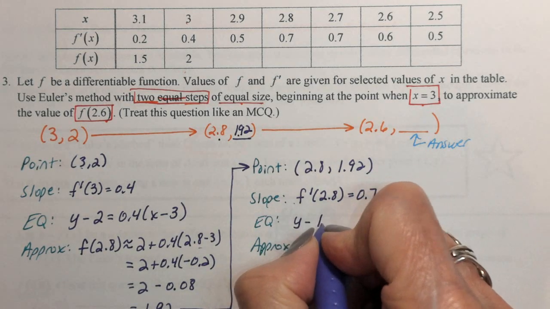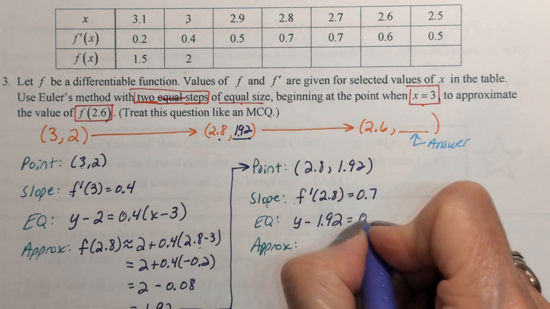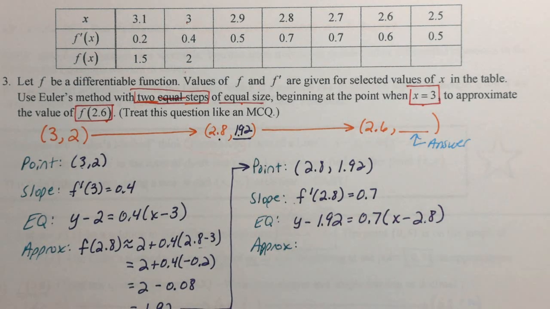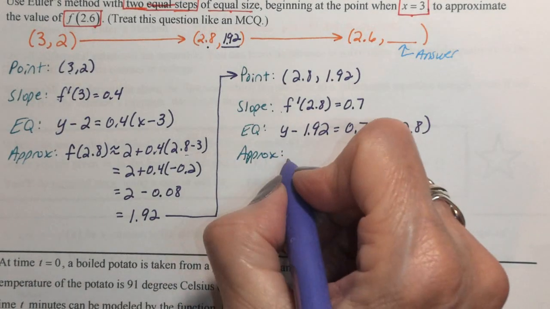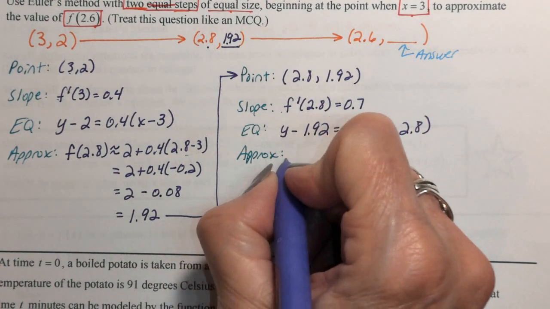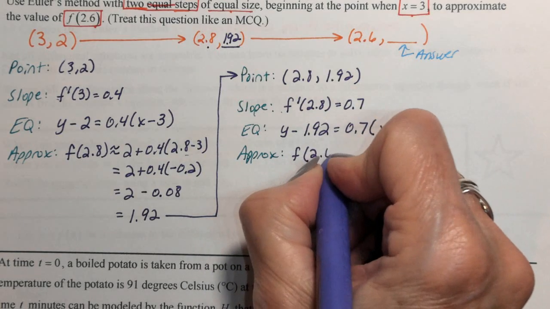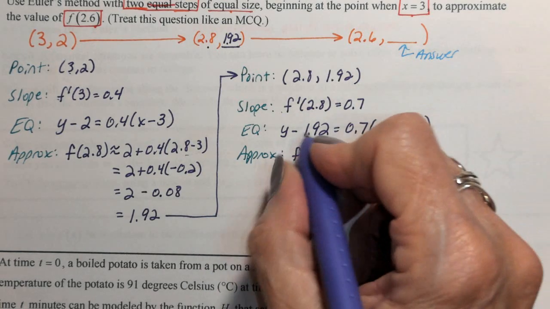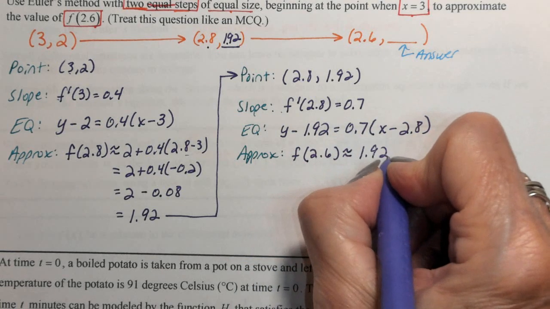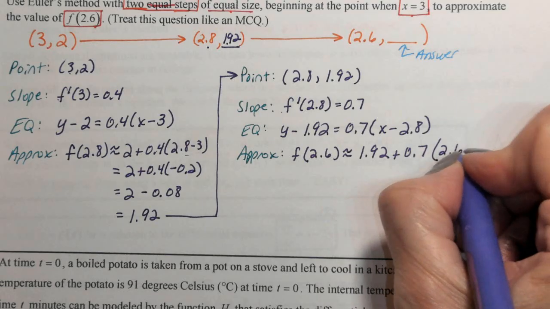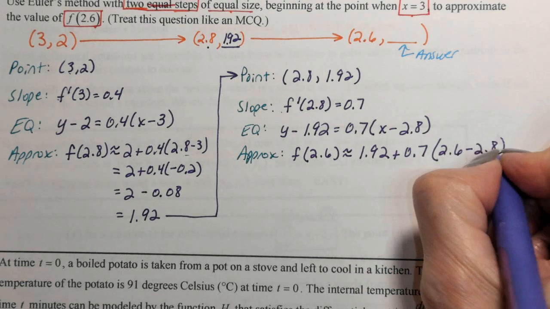Y minus the y-coordinate of our point is equal to the slope times x minus the x-coordinate of our point. The approximation for f of 2.6 is 1.92 plus 0.7 times 2.6 minus 2.8.